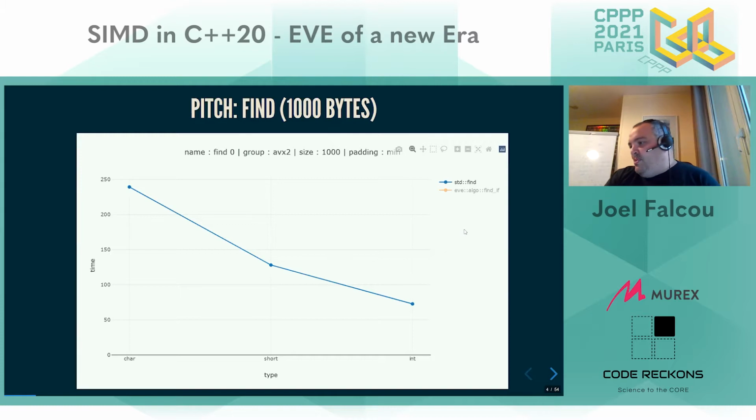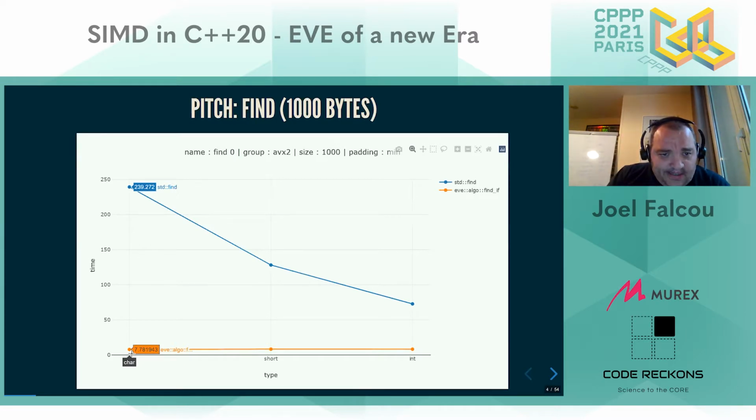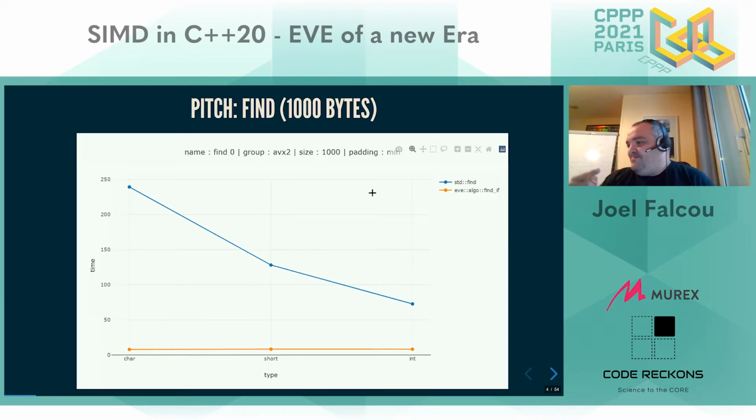But in fact, we can do far better, with an implementation that basically stays at around 8 something nanoseconds, which leads us to a speed up of roughly 9 for the int, and roughly 30 something for the char. So we can actually do far faster.